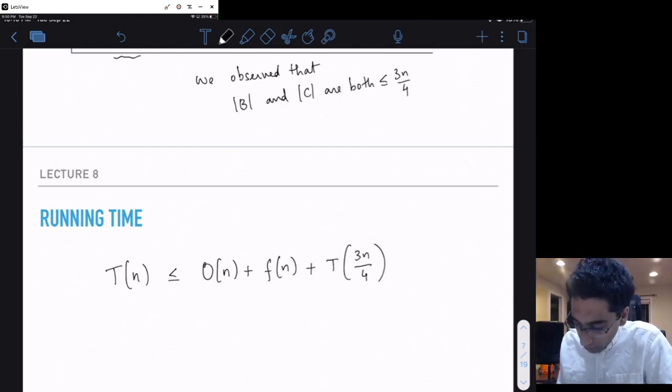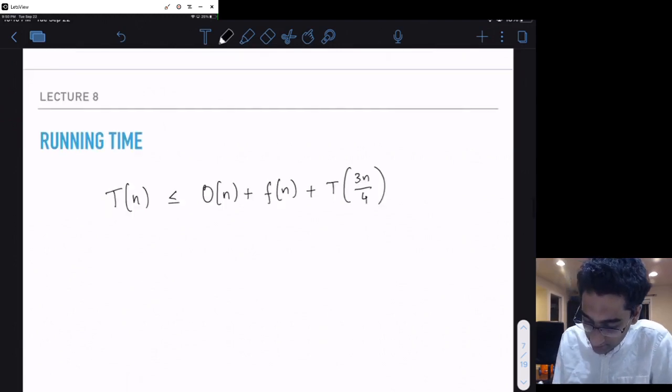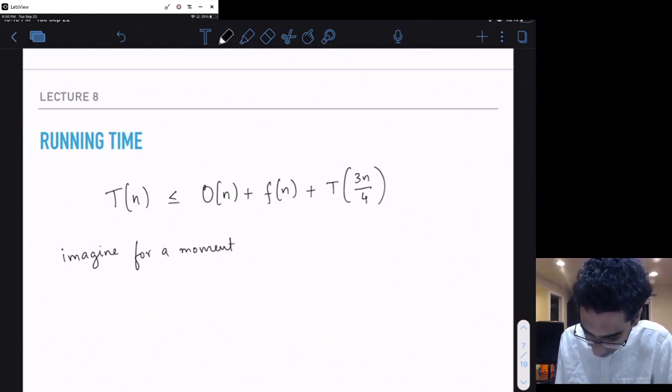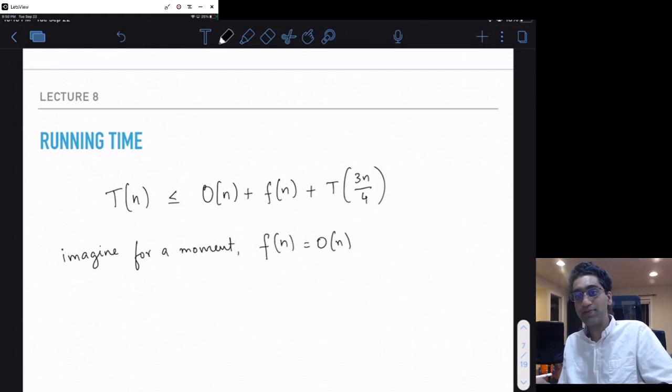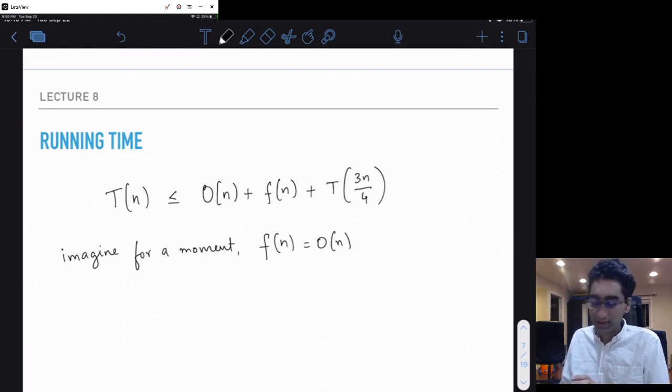Okay, so imagine for a moment that f of n can be done in time O of n, right? Which is, you can find an almost median, which is a somewhat easier problem, right? It's like saying that, oh, find me some element that's roughly in the middle. Imagine that you can do this in time O of n.